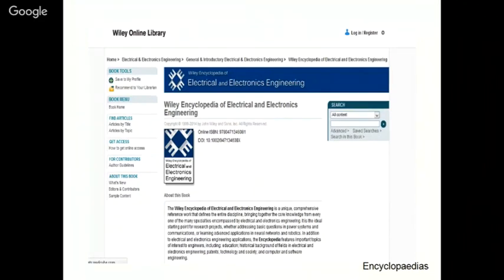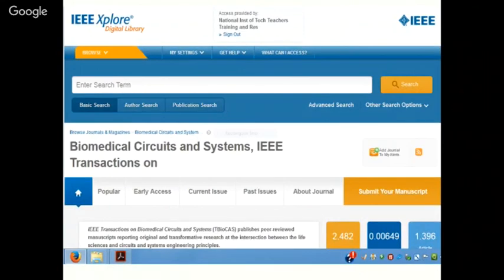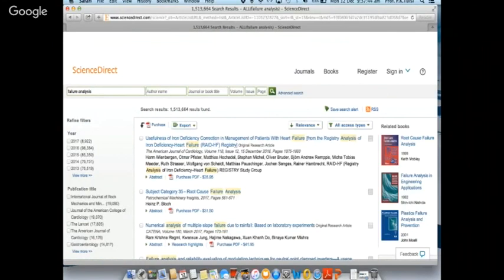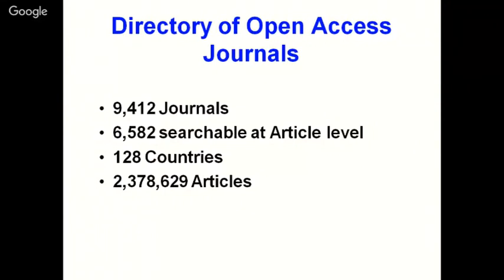You have, say, online libraries. Say Wiley has one which can be accessed by the people who have registered on the site. You have IEEE Xplore, where a digital library of various engineering and technology journals is available. You have ScienceDirect, which gives you an abundance of information about the various areas of research in engineering, technology, and science also. And you have the Directory of Open Access Journals.